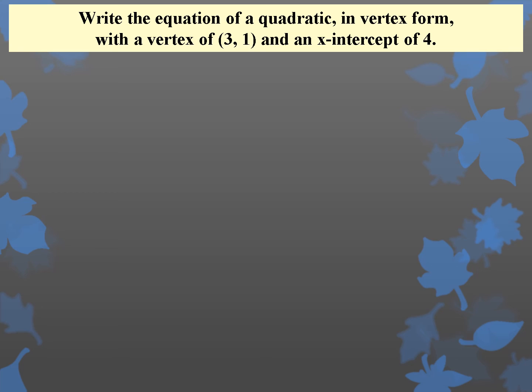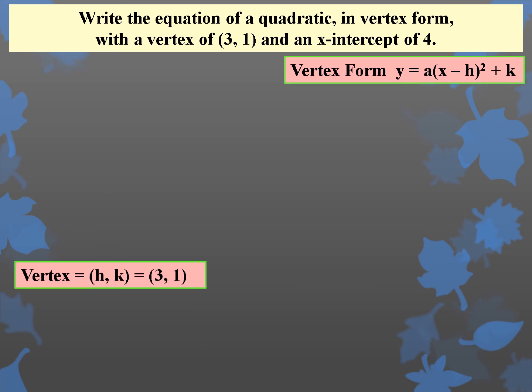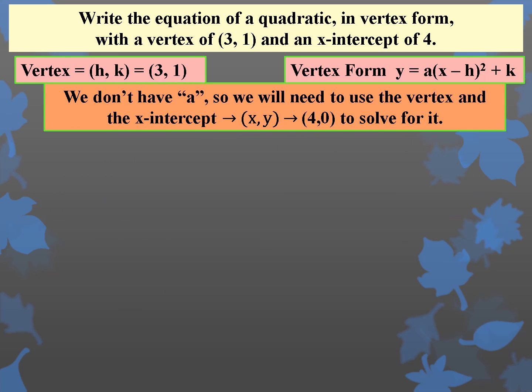We want to write the equation of a quadratic in vertex form with a vertex of 3, 1 and an X-intercept of 4. So we know vertex form. I know I have a vertex, that's my H and K. But guys, this time they didn't give me an A. So we're going to need to use the vertex and the X-intercept to solve for it.